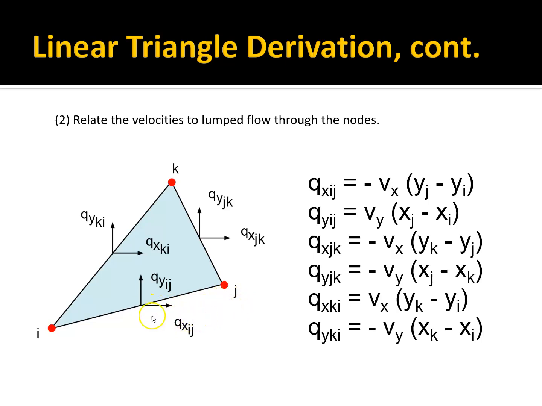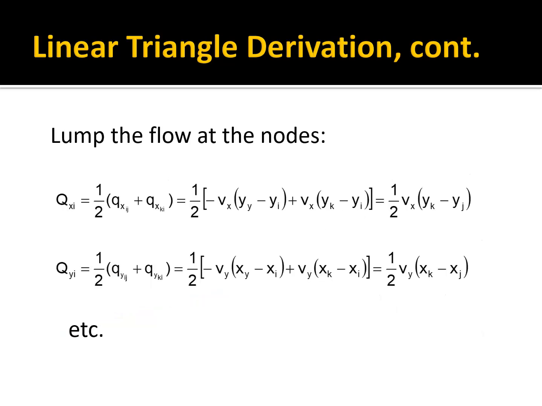So the flow in this direction is the velocity in that direction times its cross-sectional area of flow, and we assume in the other direction it's a unit thickness. Likewise, qyij is equal to the velocity in this direction times xj minus xi, which is this width here. If we do that for each of these 6 components, we get these 6 expressions for the flow in terms of velocity and the cross-sectional area through which it flows.